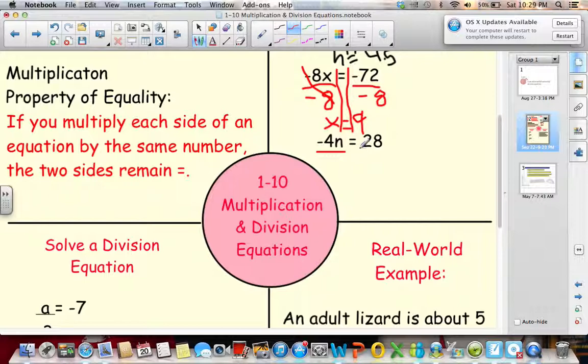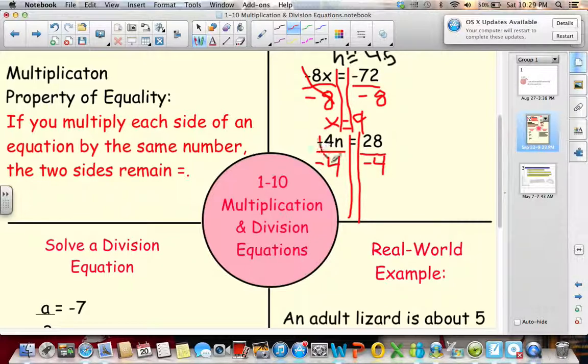Negative 4n equals 28. So I look right away and I see, oh, n is on the left side. I'm doing my railroad tracks here. And I see that n is being multiplied by negative 4. So I divide both sides by negative 4.